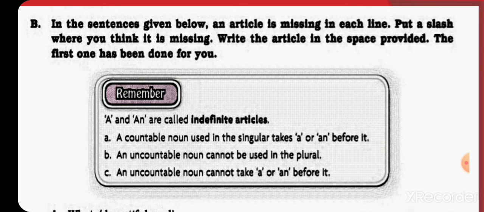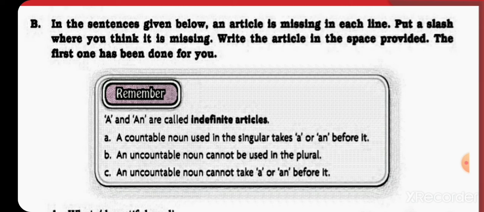Yes or no? Surely no. So what's missing? Ram is. Helping verb is missing. Ram is a boy. So in a sentence, wherever any word is missing, we should put a slash there and write down the word, and then make it a complete sentence.